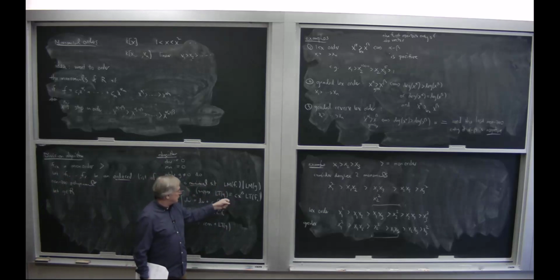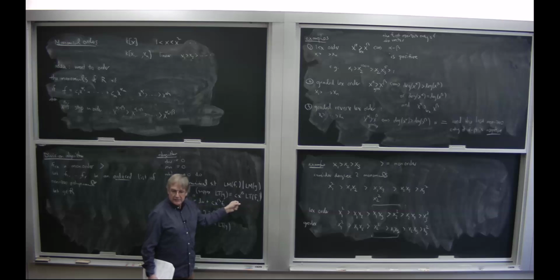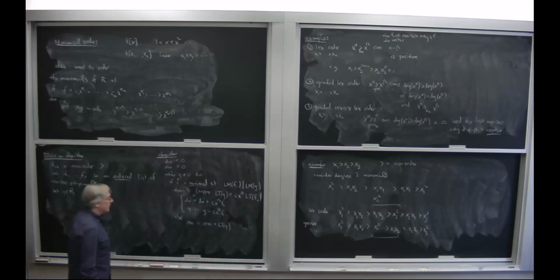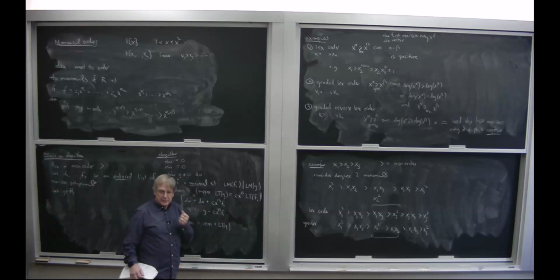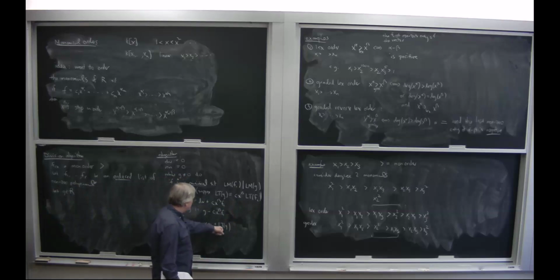So this is just a sneaky way of saying that in order to cancel this term, this is what I have to multiply by. Okay, but yeah, there's a difference between monomial and term here, definitely, that's being used. And here I'm doing lead term because I want whatever coefficient there is there to go along. And then G is just going to be G minus that lead term of G.